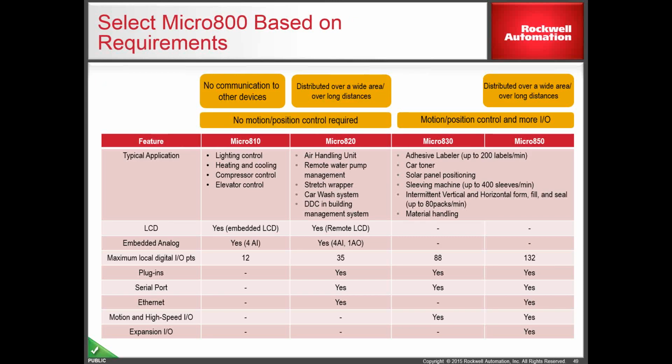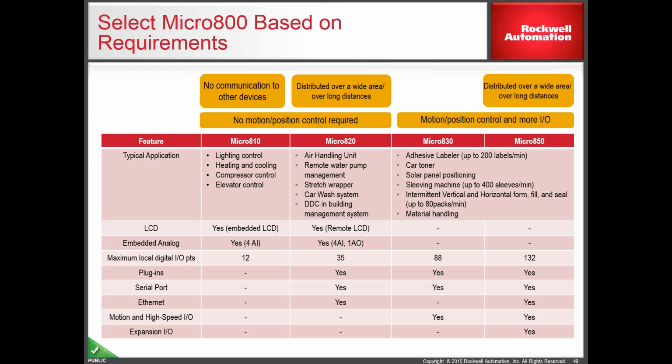So this chart essentially gives you the overview of all the Micro800 range of controllers. Depending on the application needs, you can go for controllers like the Micro810, which can be used in lighting control, elevator control, compressor control, heating and cooling applications. Micro820 can be used as an RTU in solar and water pump applications.